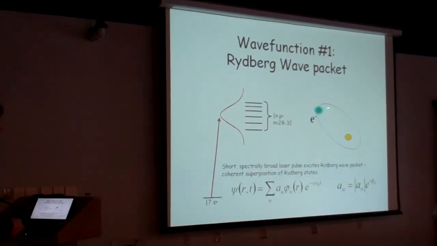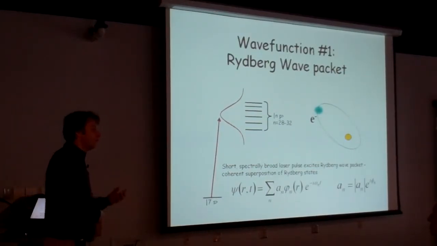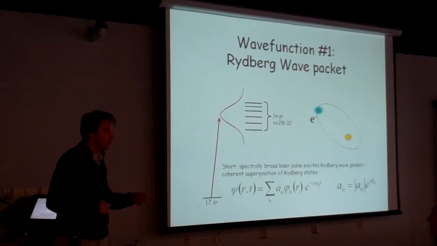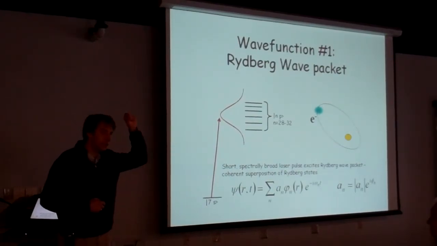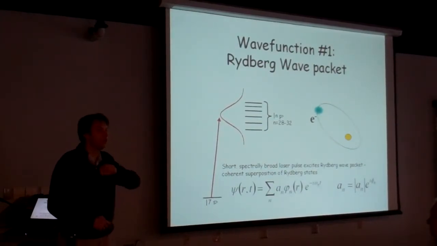And what's actually happening in the atom is that by producing a superposition of eigenstates, you're localizing the electron, which I've cartoon diagrammed here. Here's the core, and here's this electron. And a Rydberg atom is nothing more than an atom which has a high principal quantum number. So it's sort of like this electron is a planet orbiting the sun.